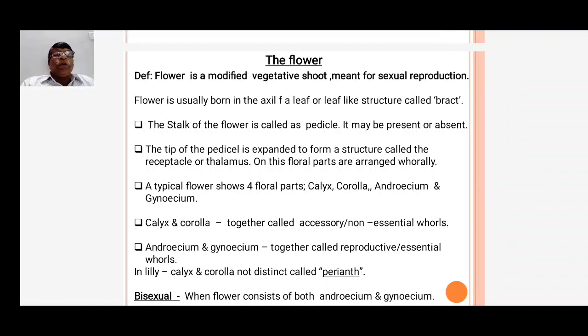In the angiosperms, the axillary bud or terminal bud is modified.